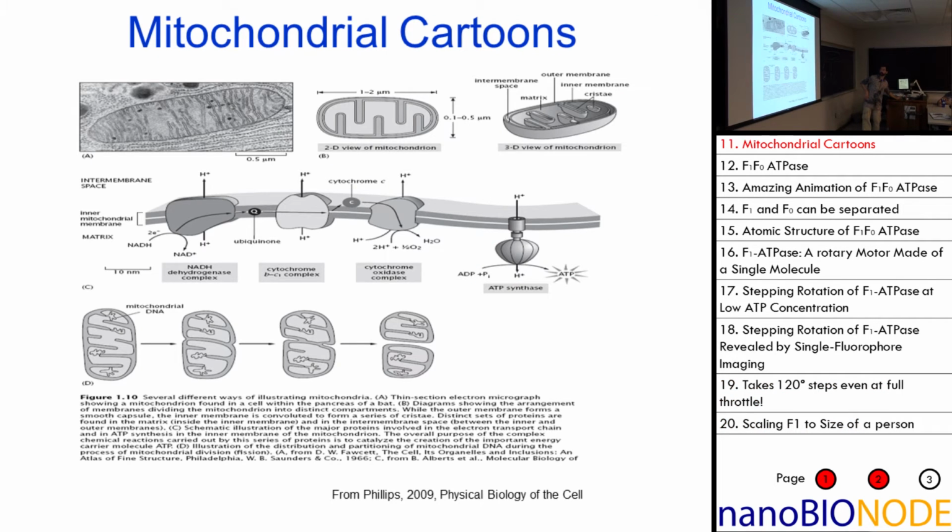And it's there that you have the difference, that the H plus goes through the membrane, releasing 7 kT, which then goes into this enzyme, which is called the F1FO ATPase, and actually causes it to rotate.